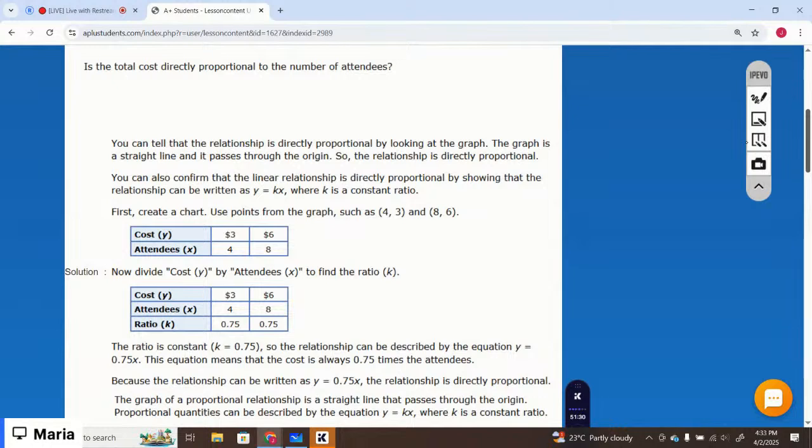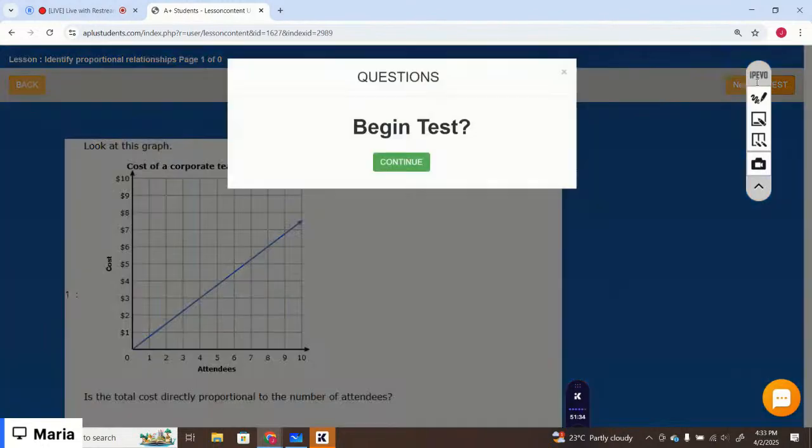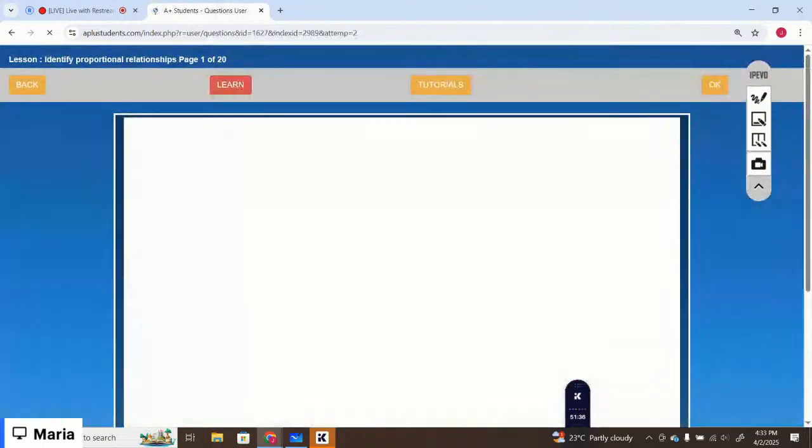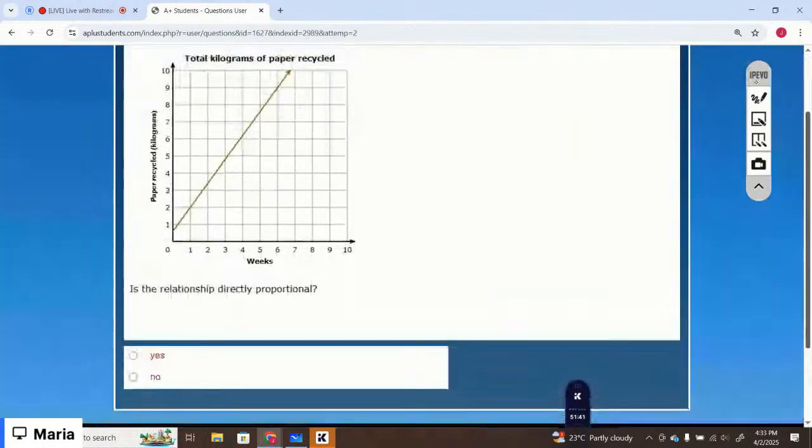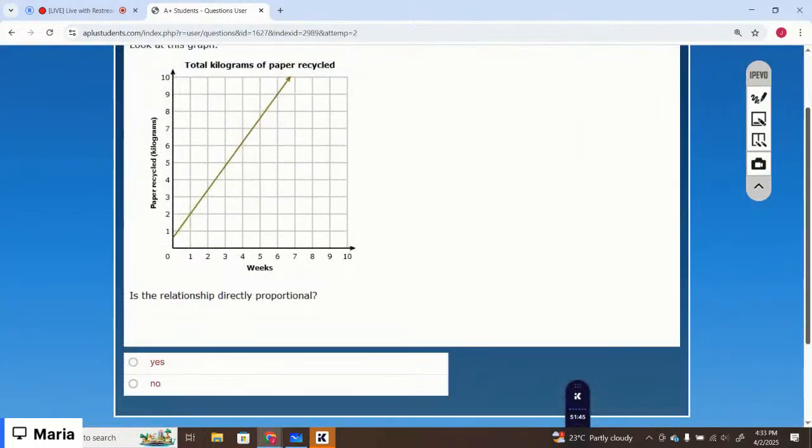Let's just start with the test questions. If the line is straight and passing through the origin, then that means that is a proportional relationship. Look at the graph. Is the graph directly proportional?